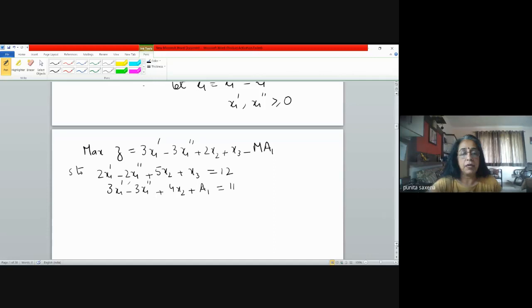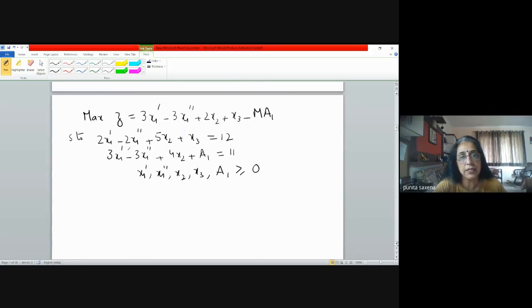But now all my variables, be it x1 dash, x1 double dash, x2, x3, a1, they are all non-negative. So now this is my standard form. Now we begin with the initial simplex table, the second step. The first step is to write it in the standard form.